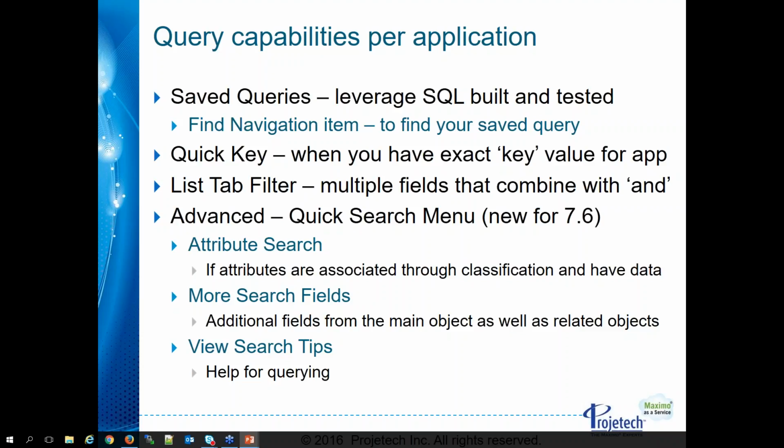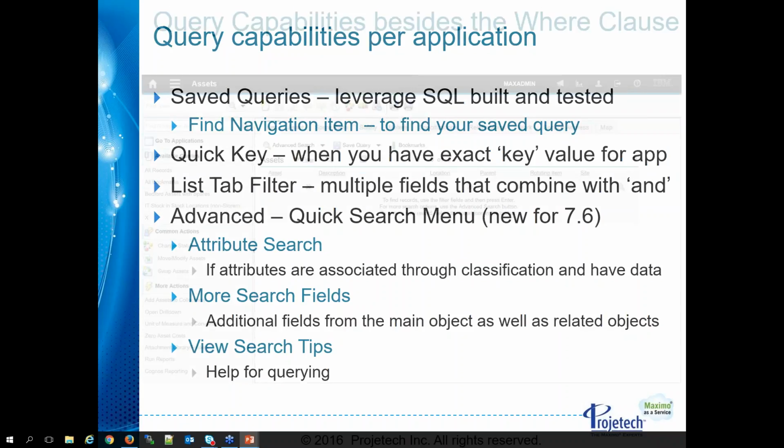Your more search fields, which is just more fields beyond the fields listed on the list tab. And something I forgot about, which I just added, view search tips. I'll make sure I cover that as well, because there is help in Maximo for searching in Maximo, and it's available from the list tab in each application.